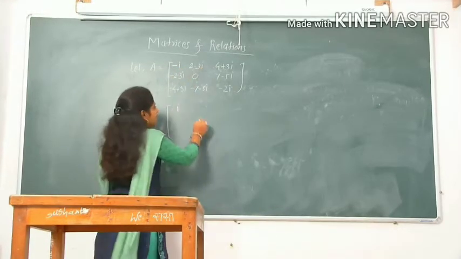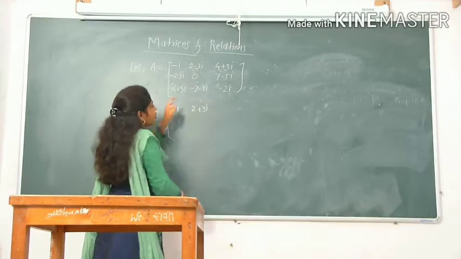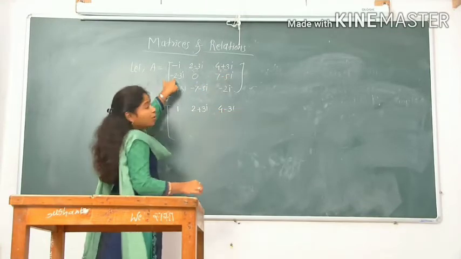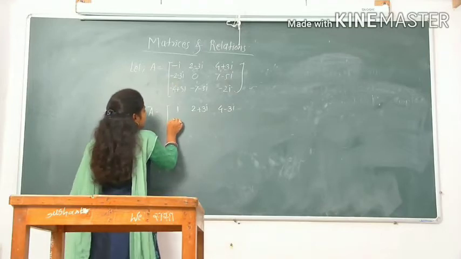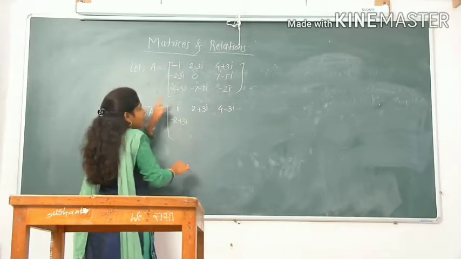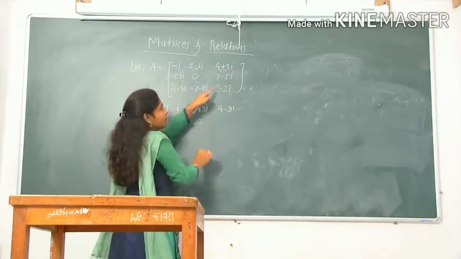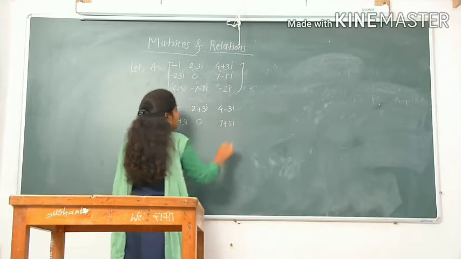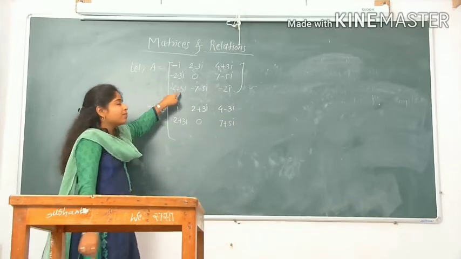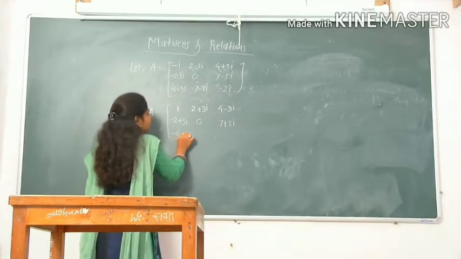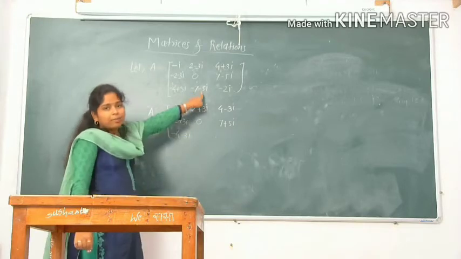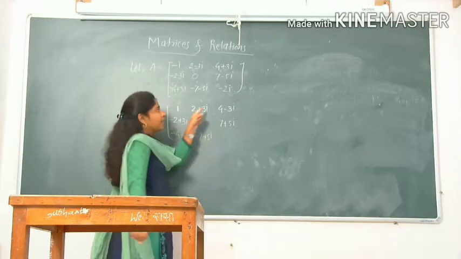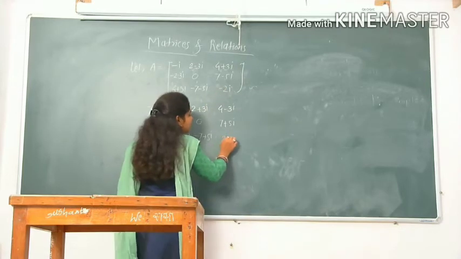Conjugate of 2 minus 3i is 2 plus 3i. Conjugate of 4 plus 3i is 4 minus 3i. Conjugate of minus 2 minus 3i is minus 2 plus 3i. Conjugate of 0 is 0. Conjugate of 7 minus 5i is 7 plus 5i. Conjugate of minus 4 plus 3i is minus 4 minus 3i. Conjugate of minus 7 minus 5i is minus 7 plus 5i. And conjugate of minus 2i is plus 2i.